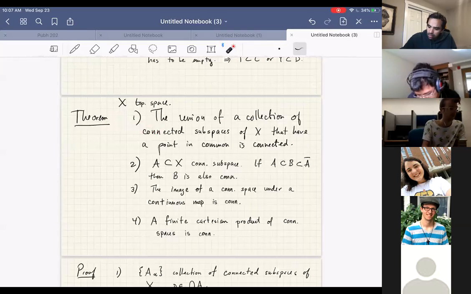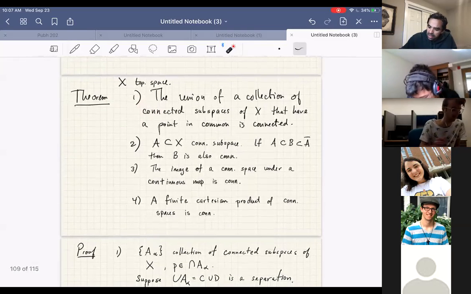Cool? We will also show that if A is a connected subspace of X, and now suppose that B is a subset containing A and some of the limit points of A. They could be all of them, right? Or some.